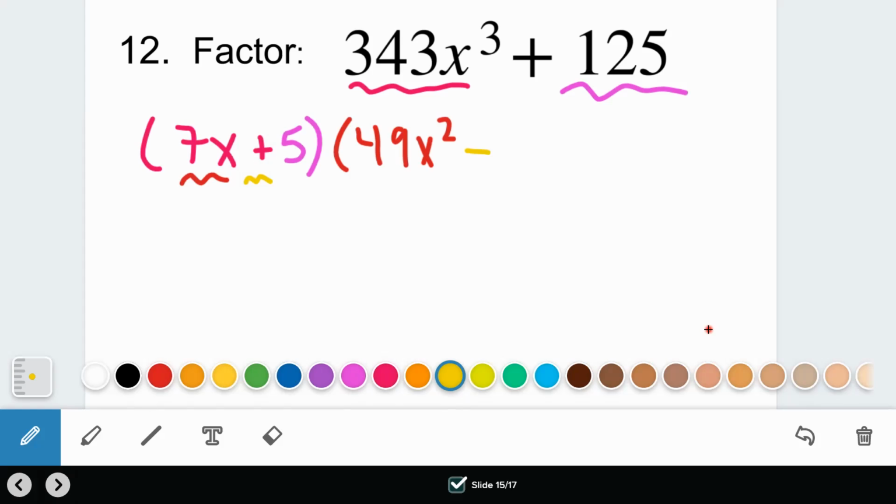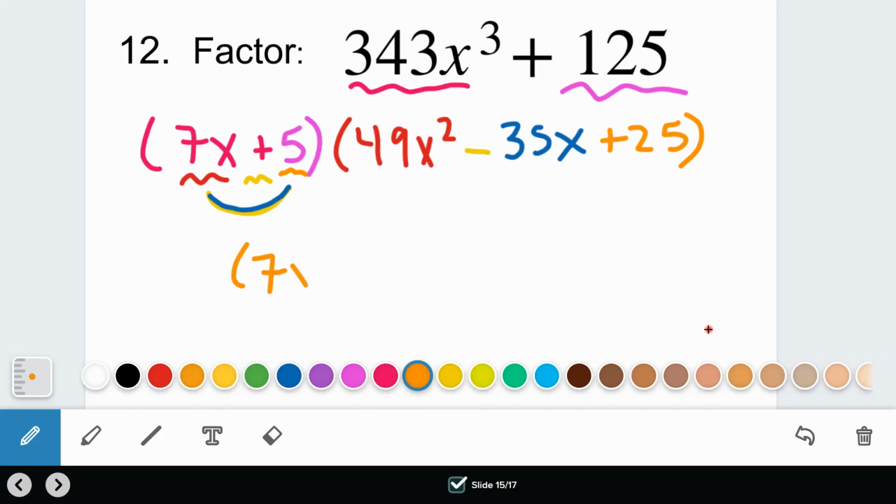Then I'm going to multiply these together, which is going to be a 35x. Then I am going to square this, which is going to give me a 25, and that's our answer. 7x plus 5 times the quantity 49x squared minus 35x plus 25.